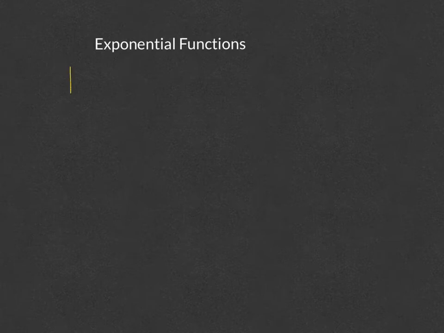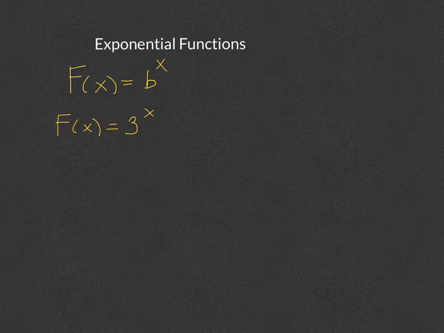An exponential function is where I have a function that equals a number in the base and then an exponent in the power. So let's say I have f of x equals 3 to the x power. My base here would be 3 and the exponent is x.